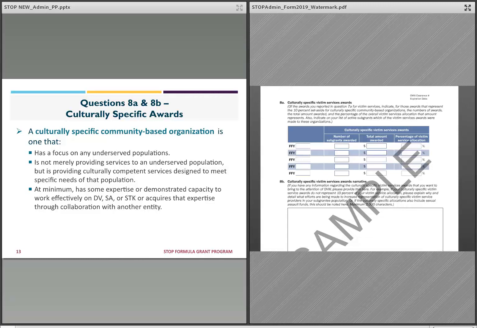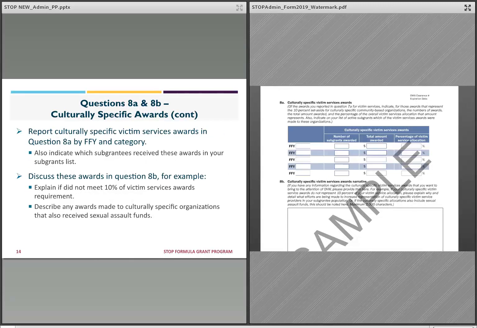Two, this organization must not merely be providing services to an underserved population, but be providing culturally competent services designed to meet specific needs of that population. And thirdly, at a minimum, this organization has some expertise or demonstrated capacity to work effectively on domestic violence, dating violence, sexual assault, or stalking, or acquires that expertise through collaboration with another entity.